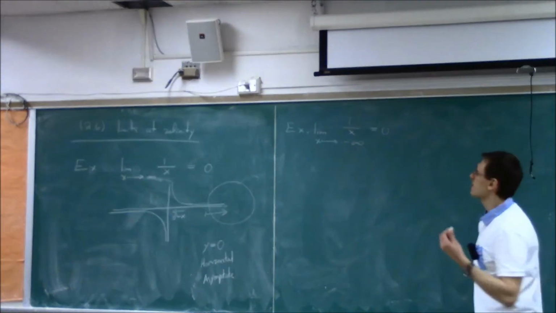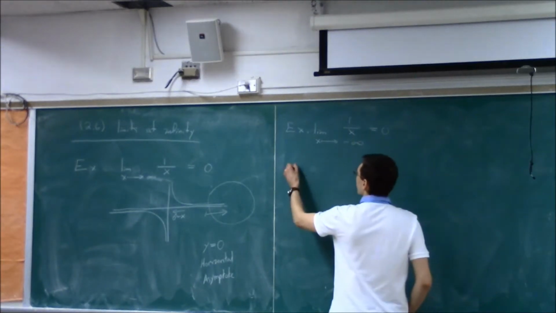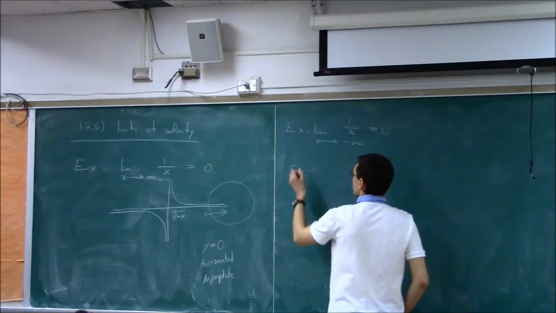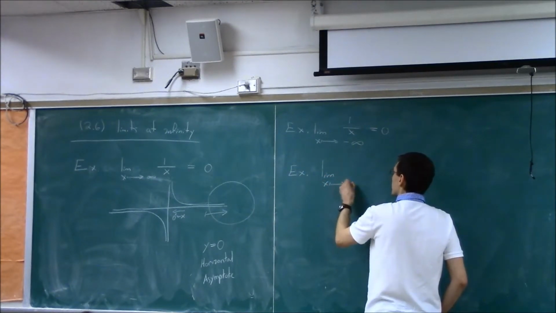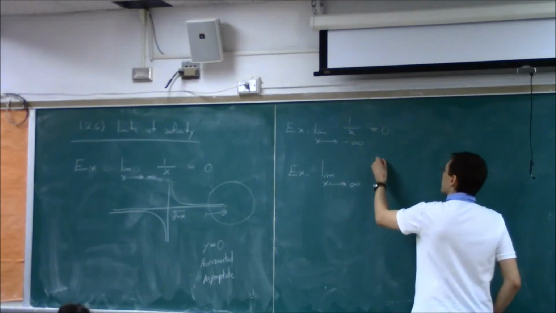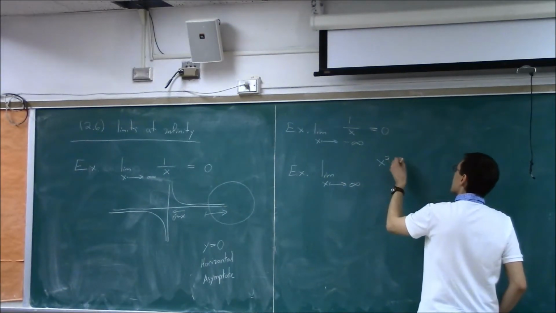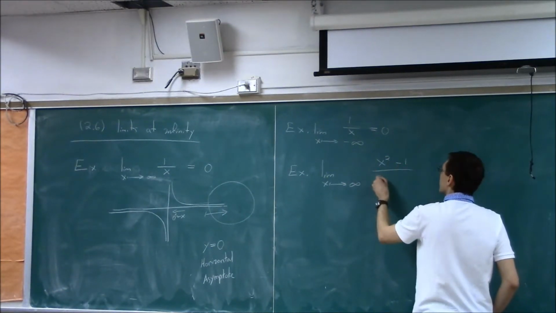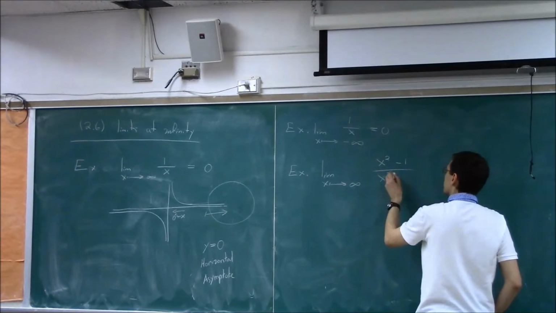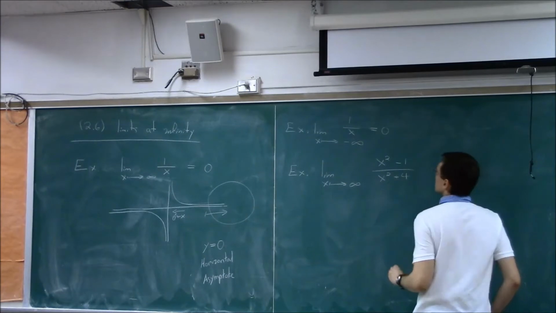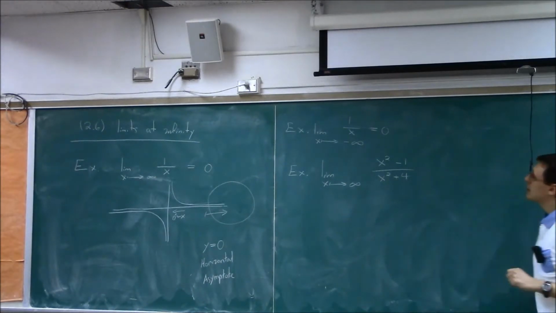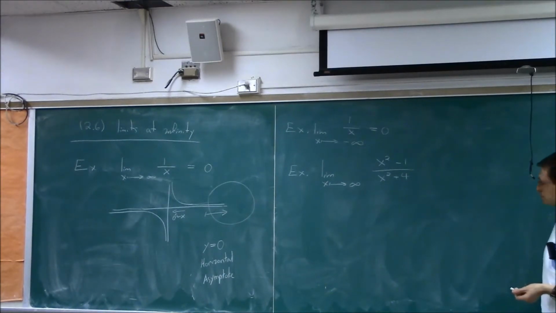All right, let's try something a little bit more complicated. And this would be the limit as x goes to infinity of (x squared minus 1) over (x squared plus 4). What happens here when x goes to infinity?